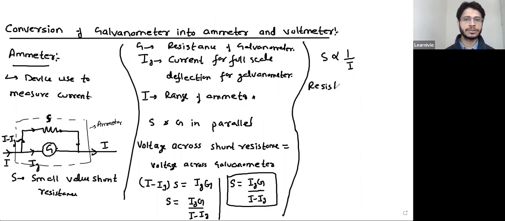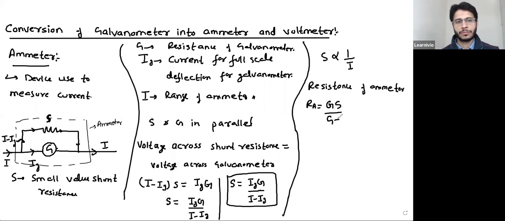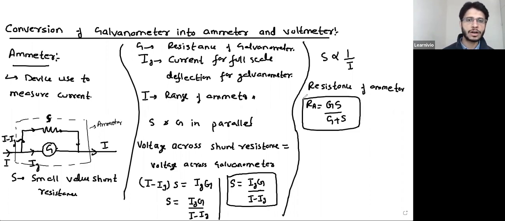Can you tell me how much is the resistance of the ammeter? Just the parallel of S and G. In a parallel combination of two resistors, we can use this shortcut, R1 R2 by R1 plus R2. So that's G into S by G plus S. That's the resistance of the ammeter.